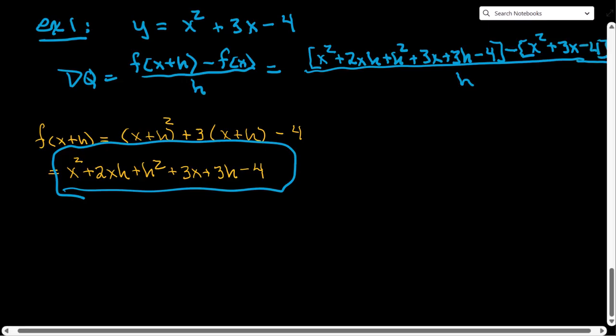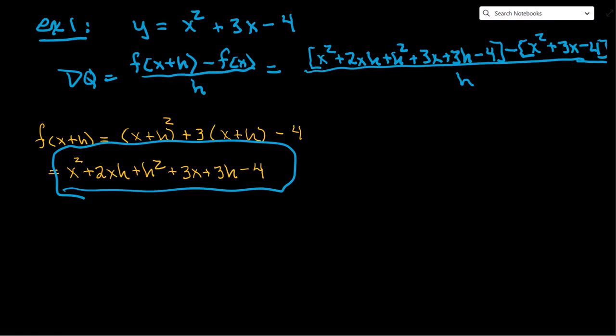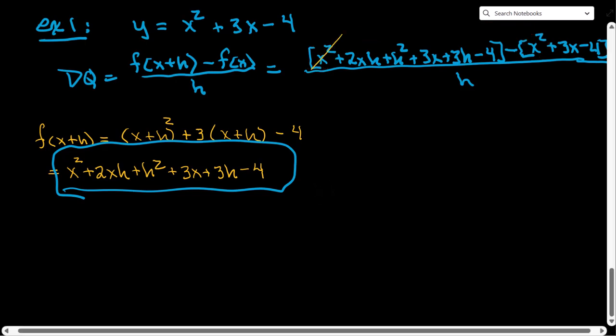All right, so right now we're at the point where, yeah, this is getting pretty messy. However, we are also at the point where we can start subtracting off common terms. For example, we have an x squared here minus an x squared here. The x squareds will cancel when we subtract.